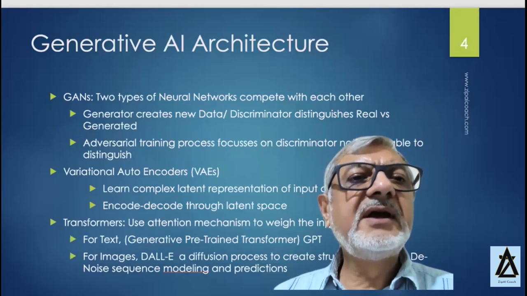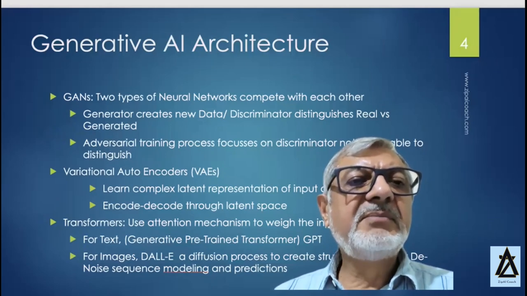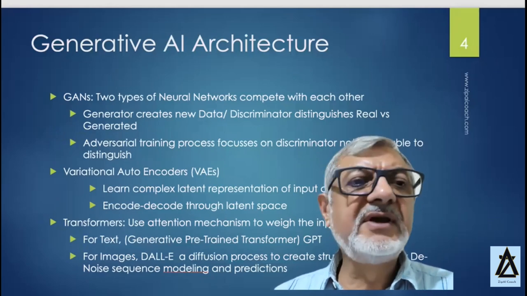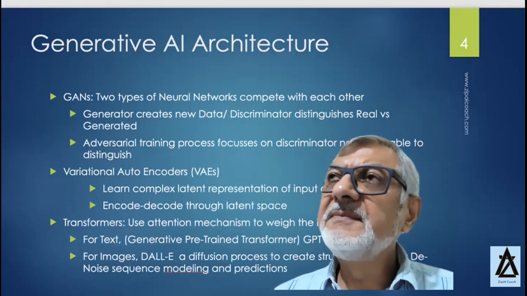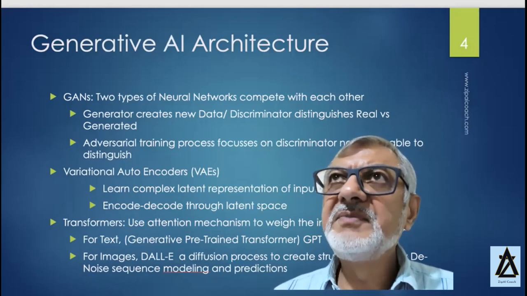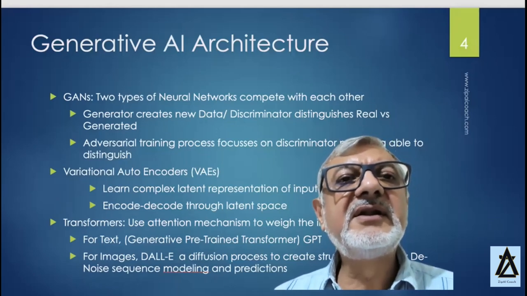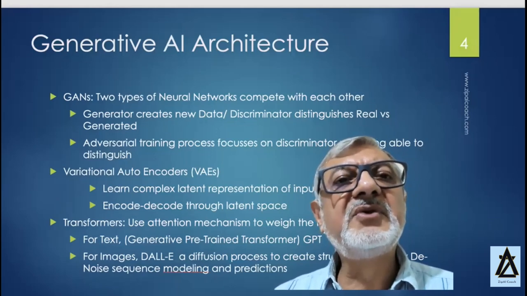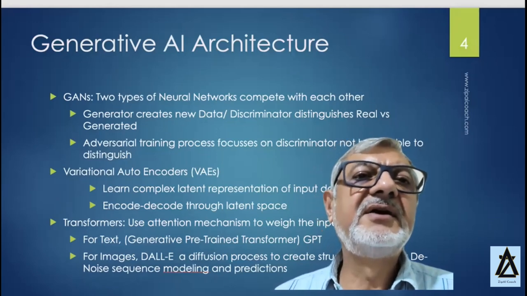So generative AI architecture has two types of neural networks. The part of the brain is basically a neural network where there is a generator and a discriminator. The generator creates data from the real world input, whereas the discriminator checks whether this data created by the neural network is matching or near to the real world data.